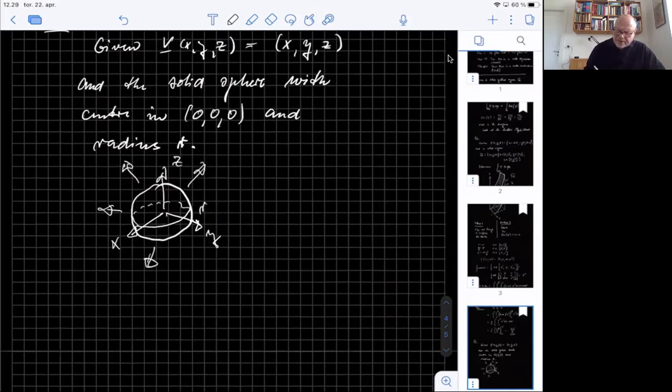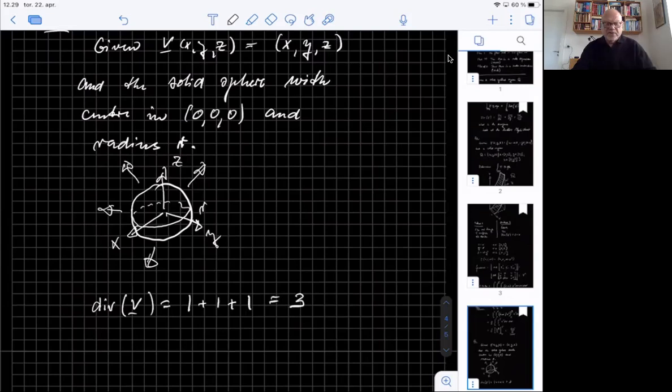Now, if we calculate the divergence of this vector field, we get 1 plus 1 plus 1, that is equal to 3.